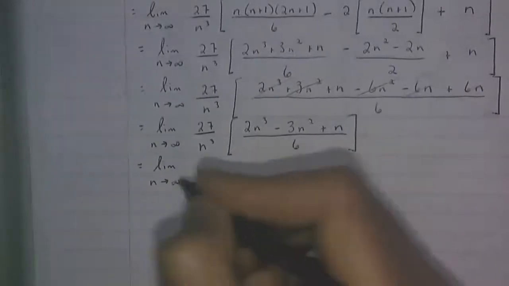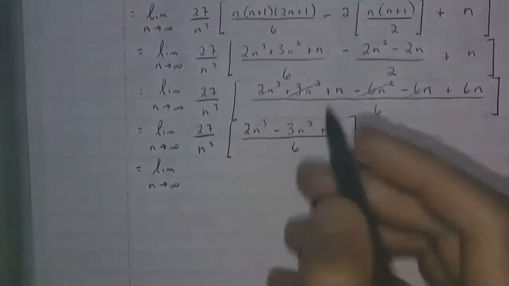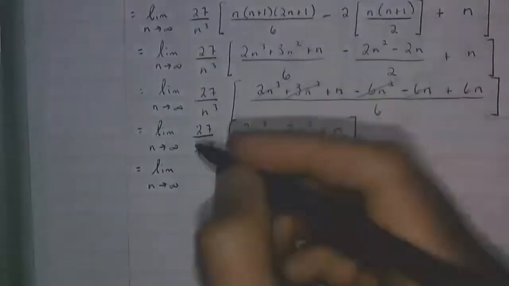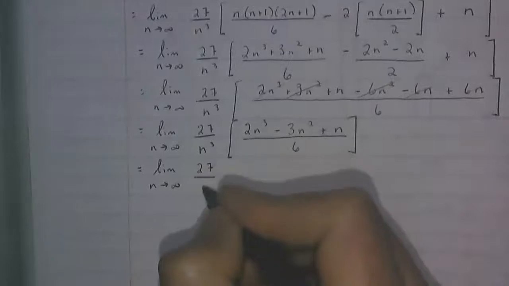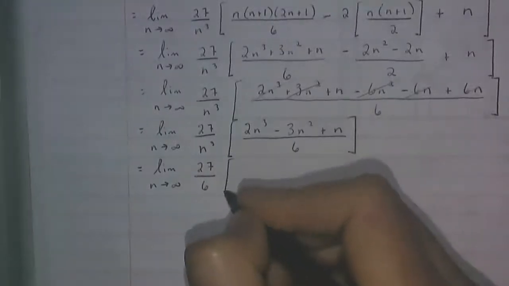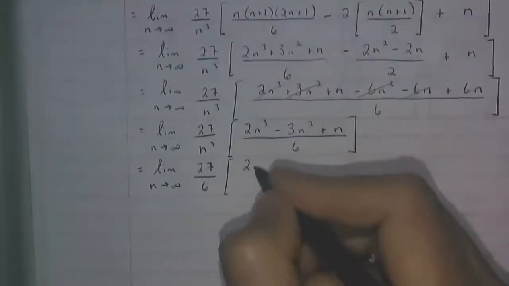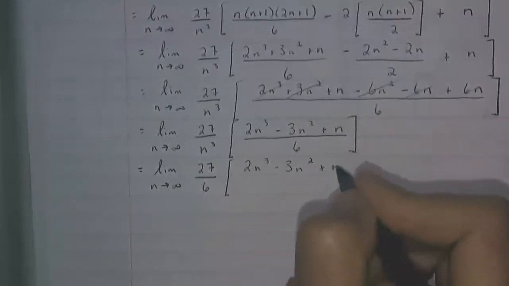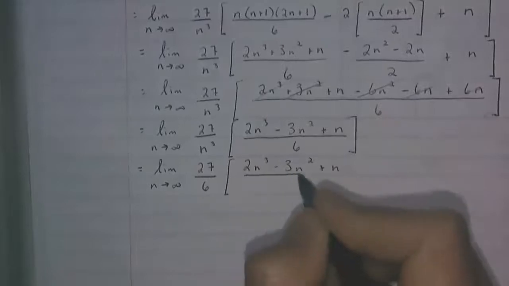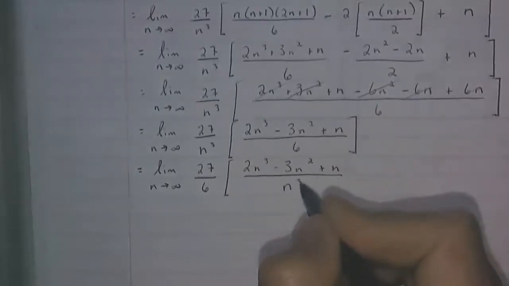If we have successfully simplified this fraction, this is where we should get to our answer. So we have 27/6 times 2n cubed minus 3n squared plus n, divided by n cubed.